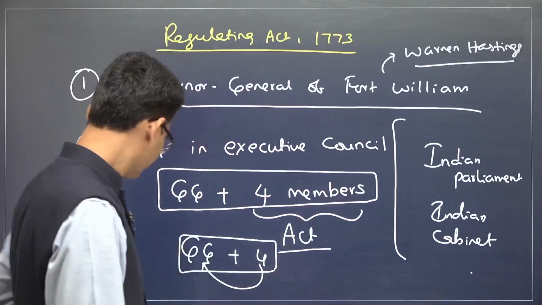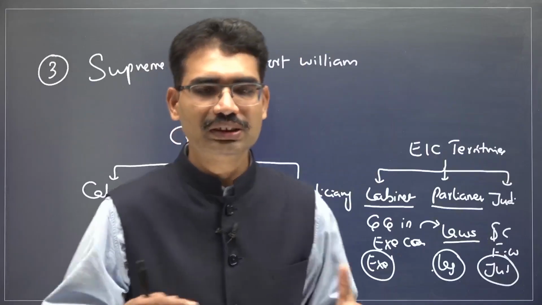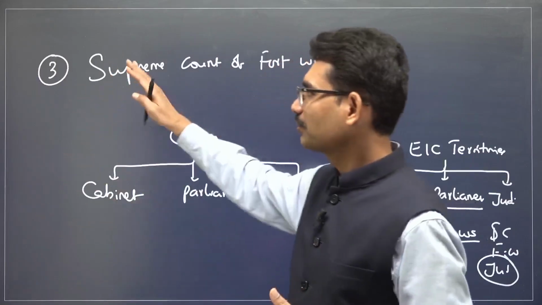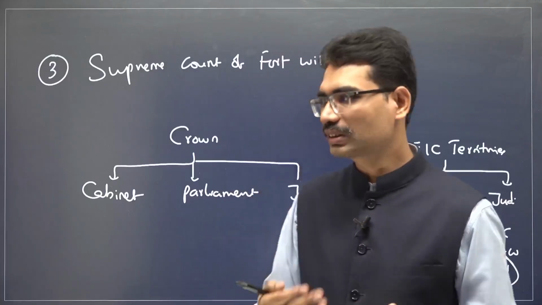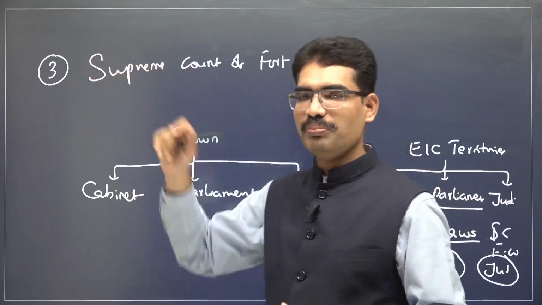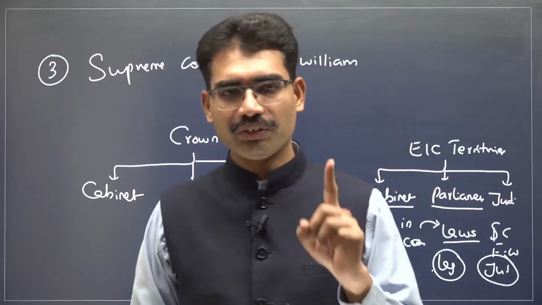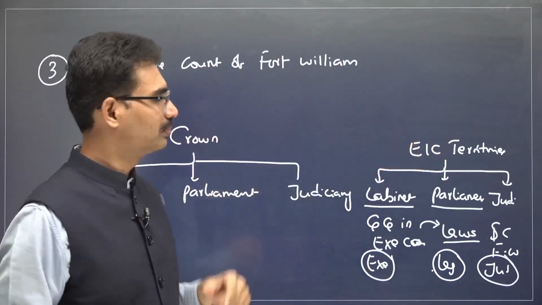With respect to the Supreme Court also, there was no clarity on its jurisdiction. As a result, conflict happened. After some time, they tried to resolve it. But initially, because of the first step, these are the 3 important provisions of the Regulating Act. Clear? 3 important provisions and 3 important prelims questions also.